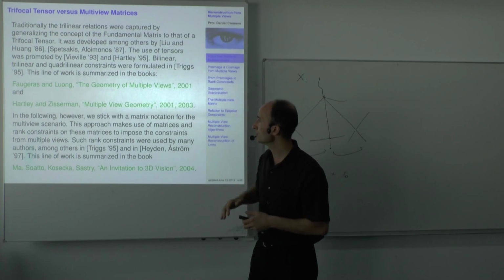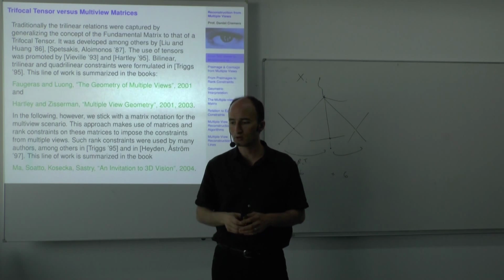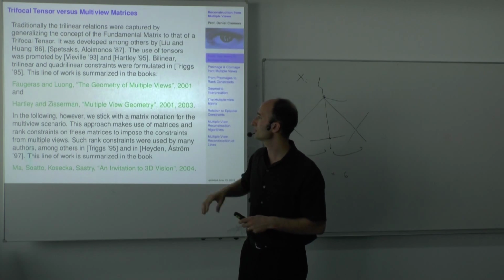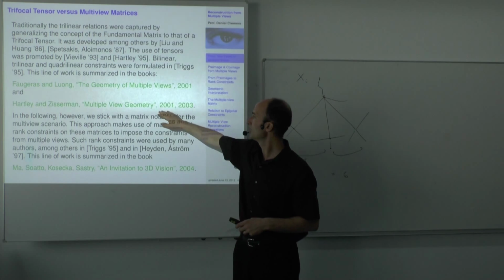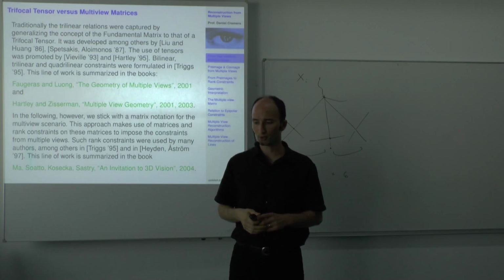And these are two well-known books in the literature from 2001, Faugeras and Long, The Geometry of Multiple Views, and Hartley-Zisserman, Multiple View Geometry. There are by now 2 editions of that book out.